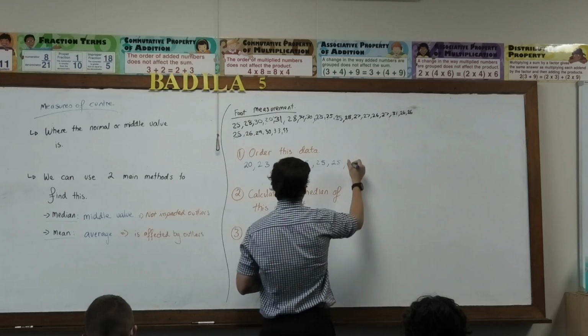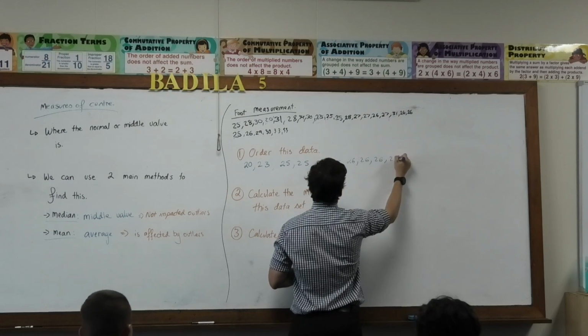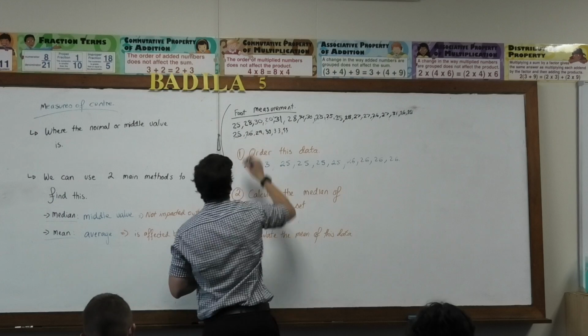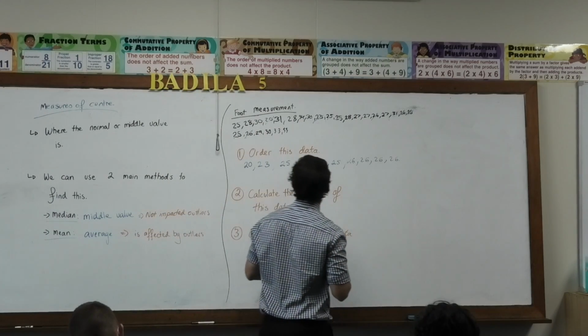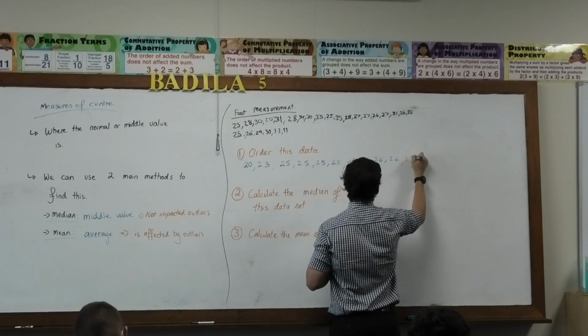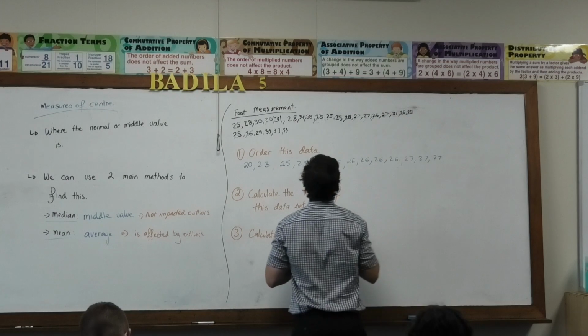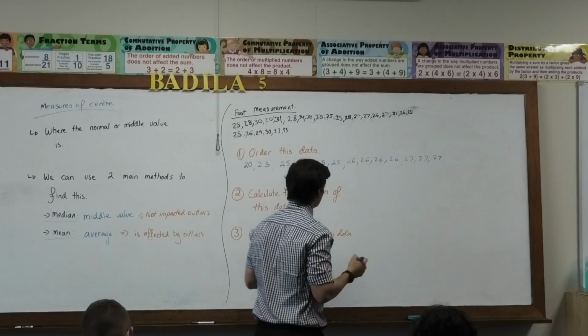I see 4 26s. 1, 2, 3, 4. How many 27s? 1, 2, 3. How many 28s? 1, 2, 3.